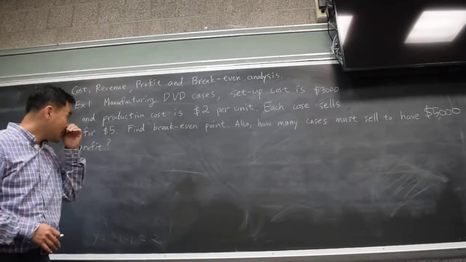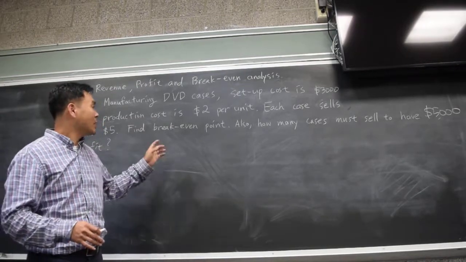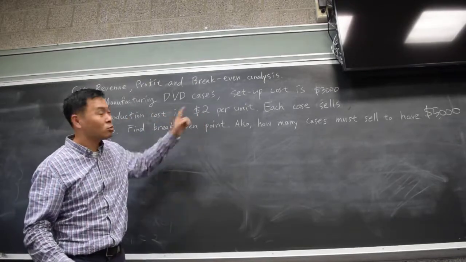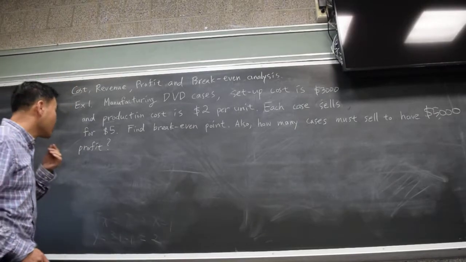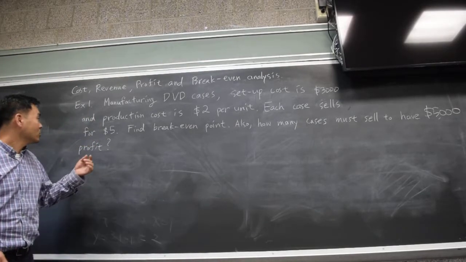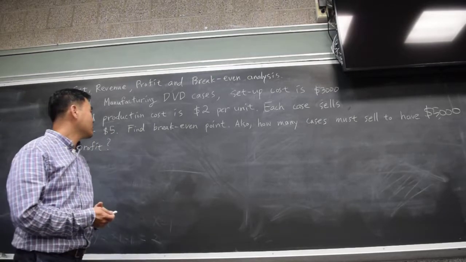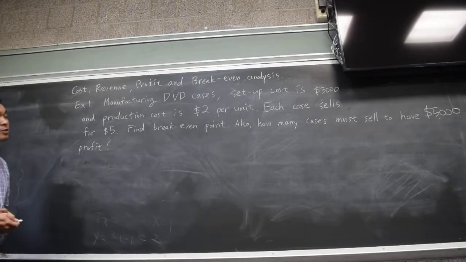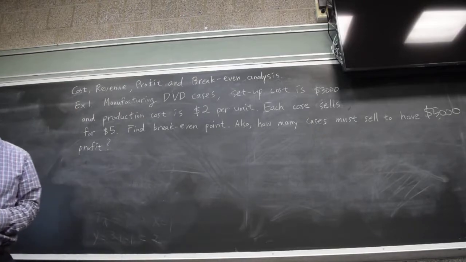Once it's set up, making each case costs $2 per unit. If you make them, you can sell them for $5. Now find the break-even point, and also how many cases must sell to have $5,000 profit.